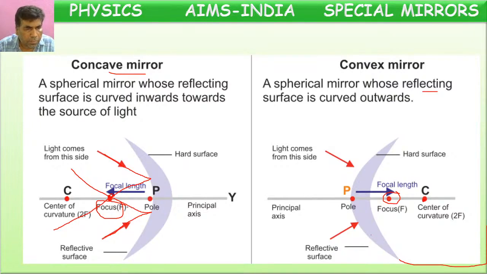Okay. Next. That point is known as focus. So here, the convex mirror. In a convex mirror also, the light rays which are passing will touch, and suppose they reflect like this.